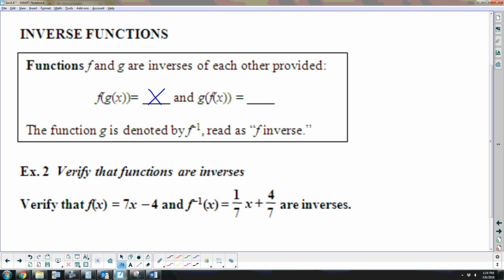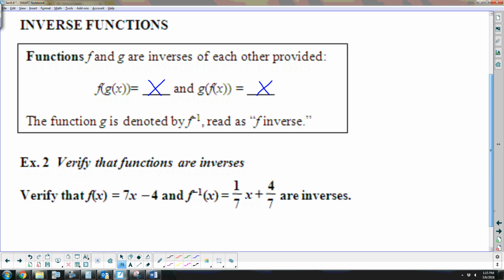So if f of g is x and g of f is also x, then those are inverses of each other. So g is denoted by f⁻¹, which is read as the inverse of f, or f inverse.